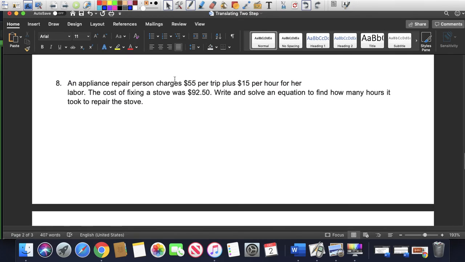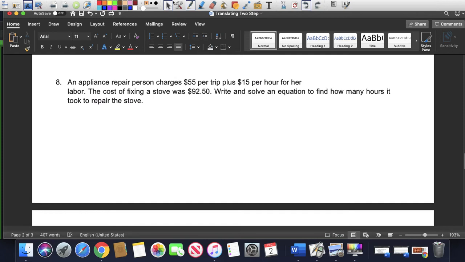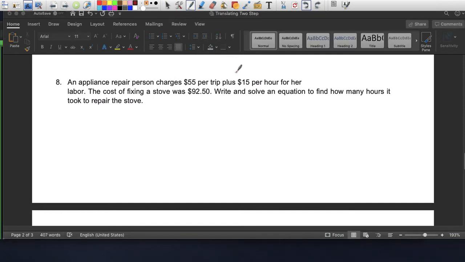Uh-oh. 8. An appliance repair person charges $55 per trip plus $15 per hour for her labor. So you have a problem with your fridge or your dryer. So to call a person, in this case this person, she says, I'll come over to your house to fix whatever problem with the machine.